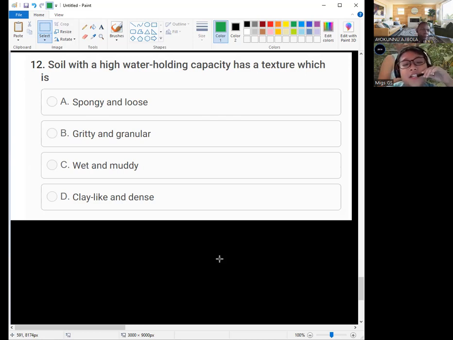Gritty and granular. Okay, wait a minute. Which kind of soil can retain water the highest? Is it sand? Is it clay? Is it silt? Is it loam? Which one can retain water?